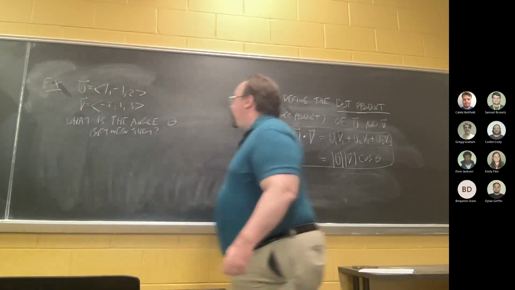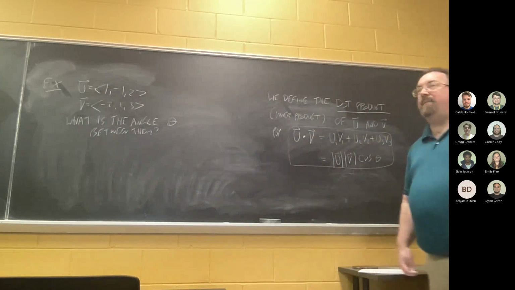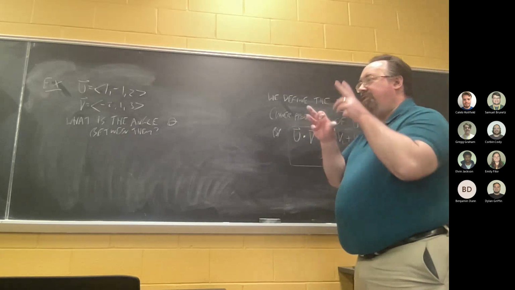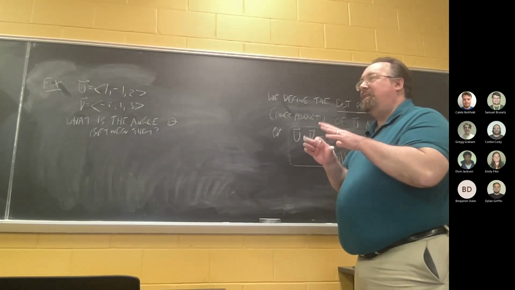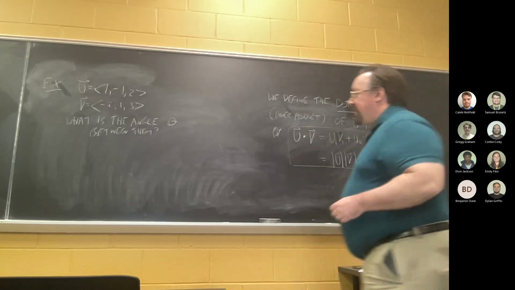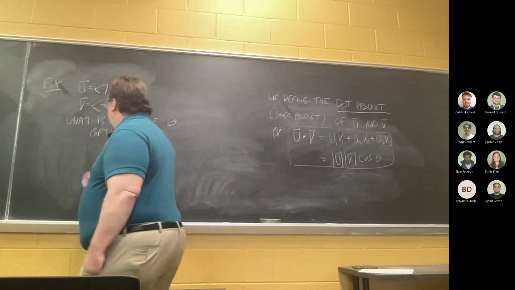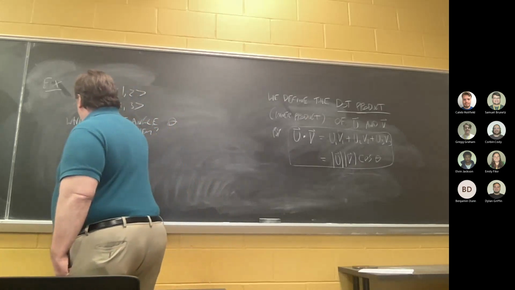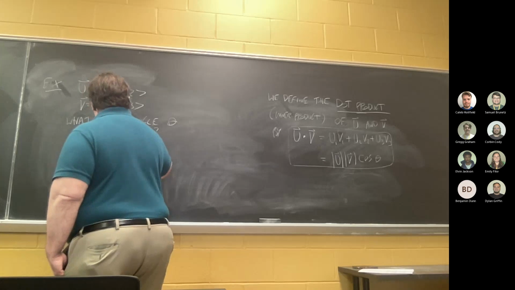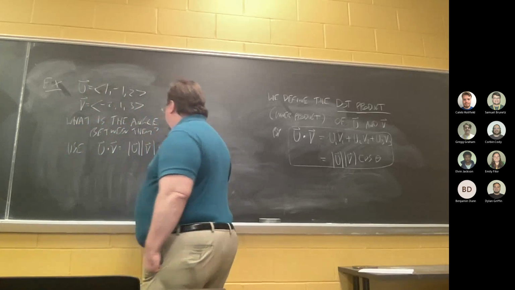Even though these vectors sit in 3 dimensions, if you imagine the vectors as two sides of a triangle, those sit within a single plane, so we still have a well-defined angle between them inside that plane. So you're going to use this formula: u dot v is equal to the magnitude of u times the magnitude of v times the cosine of the angle between them.